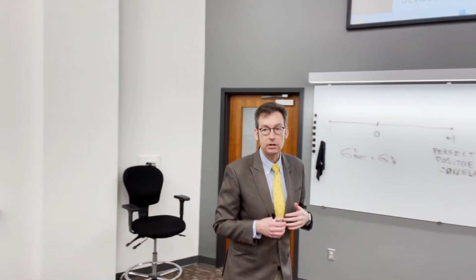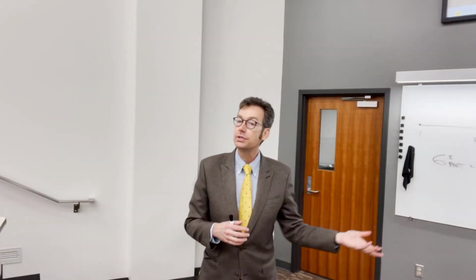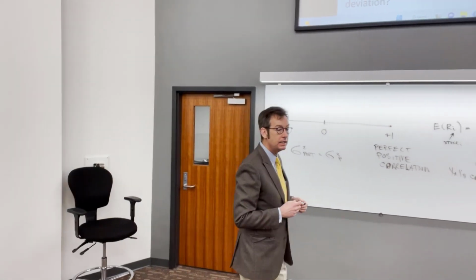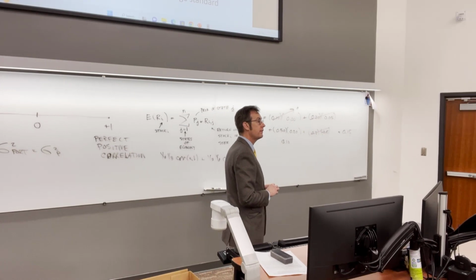If we found the weighted average of the individual standard deviations, what we'd be looking at is the weight on A times the standard deviation of A, plus the weight on B times the standard deviation of B. And we just add those things together, and we would get 18.71%.